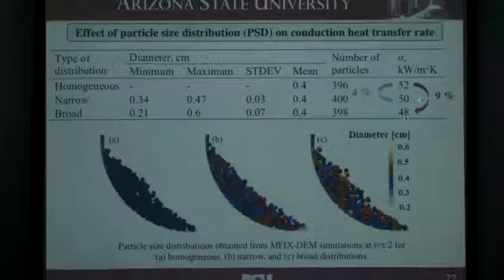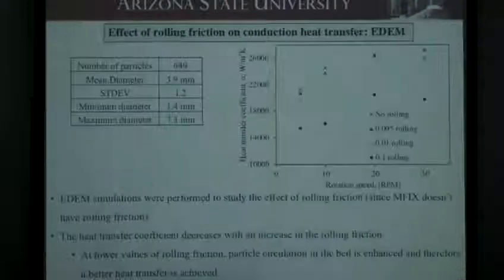We found that the overall heat transfer coefficient decreases as the particle size distribution broadens, and between your homogeneous and your broad distribution, you have about a 9% change in that overall heat transfer coefficient. So this just further shows the importance of the particle size distribution in heat transfer.